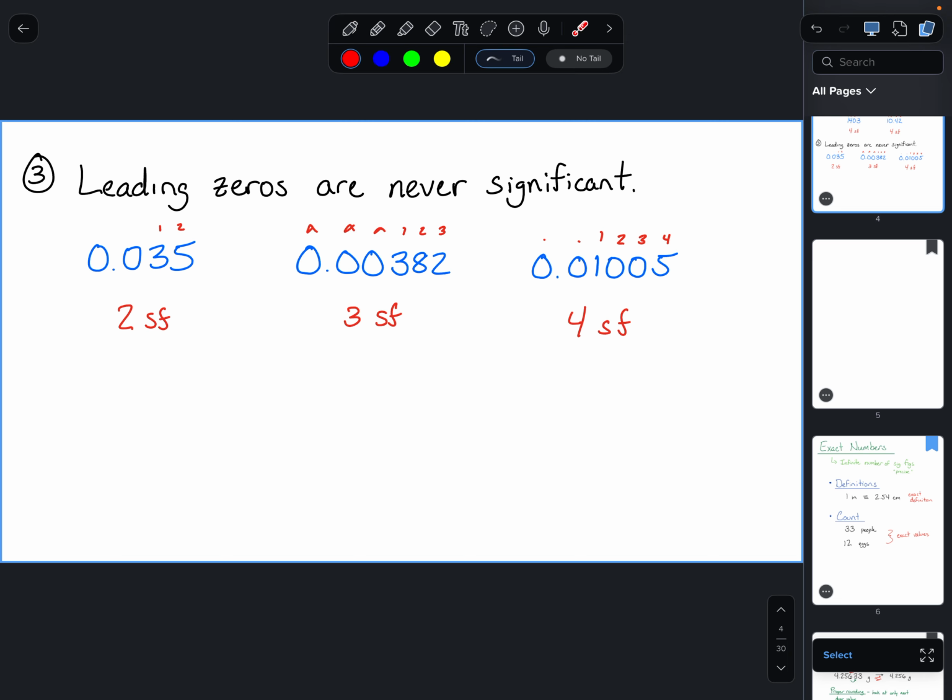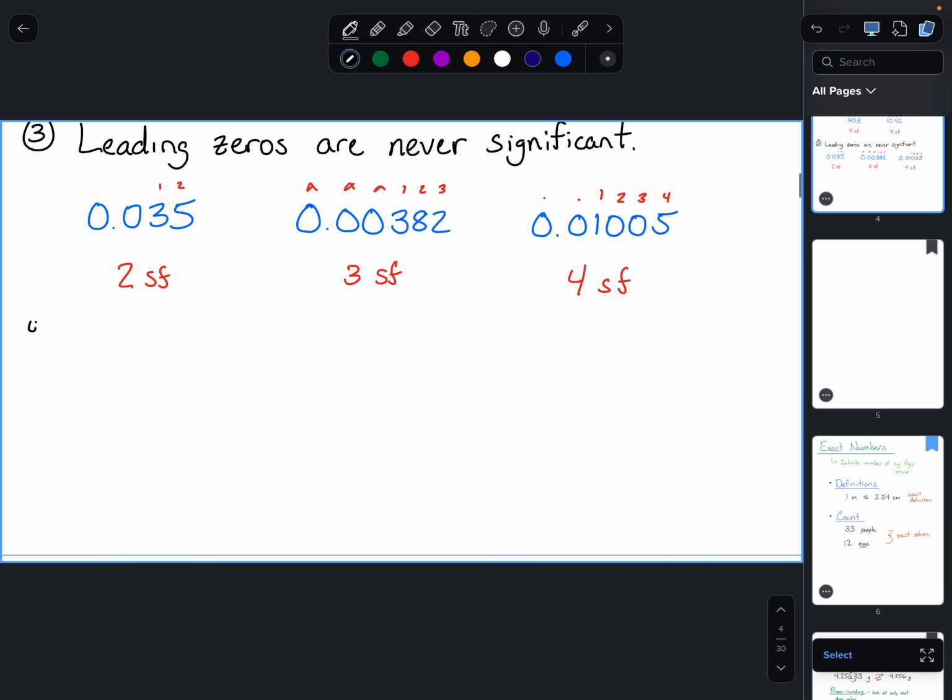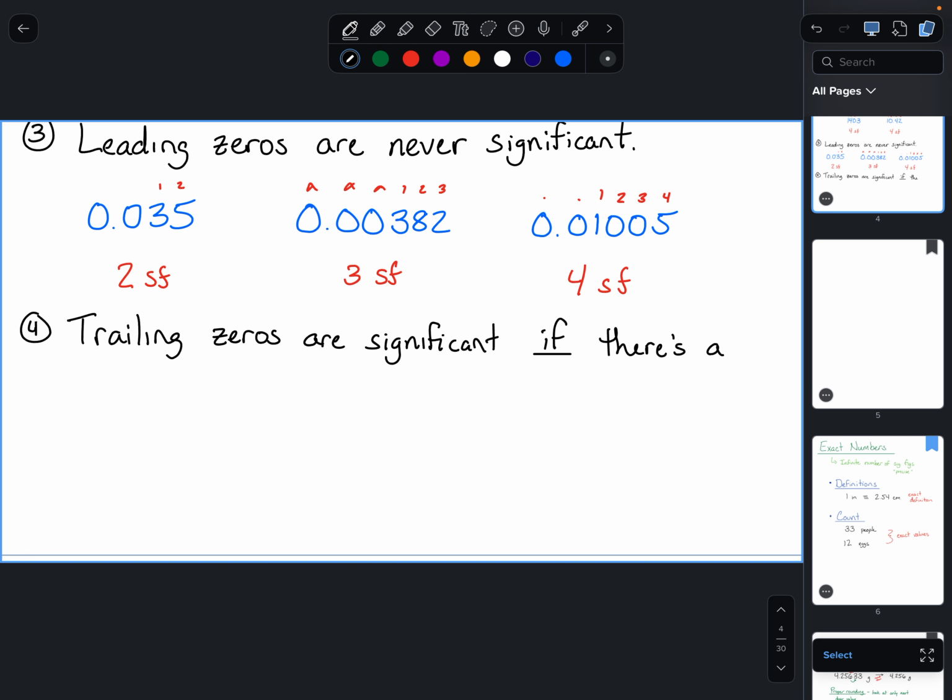All right, so we got the ones out front, we got the ones in the middle. What about the ones at the end? This is kind of our biggest pain in the butt rule here, what we call our trailing zeros. They are significant if, big if here, there's a decimal in the number.